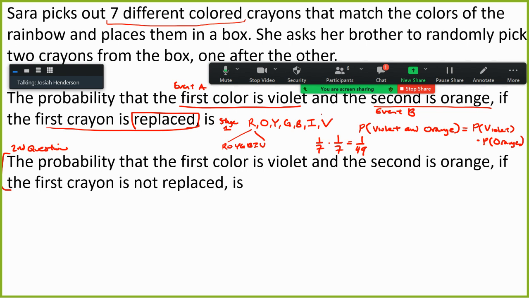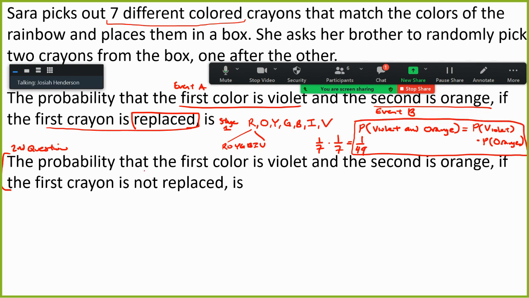That's where the 49 is coming from. There's 49 different total outcomes. So here's our answer. The probability of violet and orange with replacement is 1 out of 49.